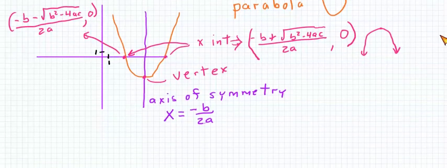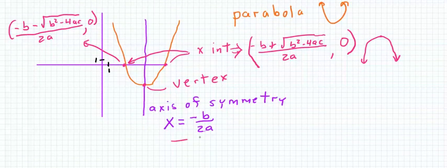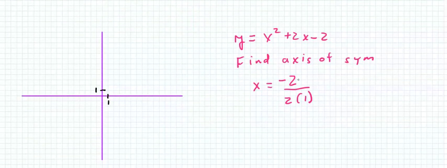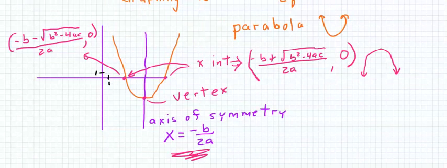Notice here, opposite of b over 2a is the axis of symmetry. That is negative 1. So at x equals negative 1, I'm going to draw it just kind of as a dashed line. That is the axis of symmetry. That means the vertex has an x-coordinate, in this case, of -1.